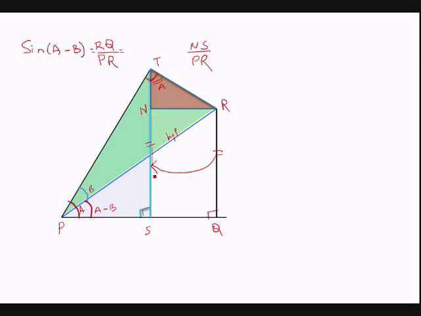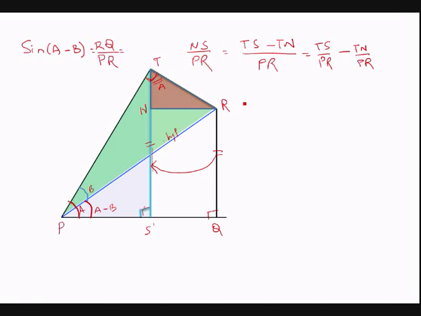Now NS is a straight line which can be taken as a part of this TS. Therefore, NS is nothing but TS minus TN over PR, and I split and write this as usual, TS over PR minus TN over PR.